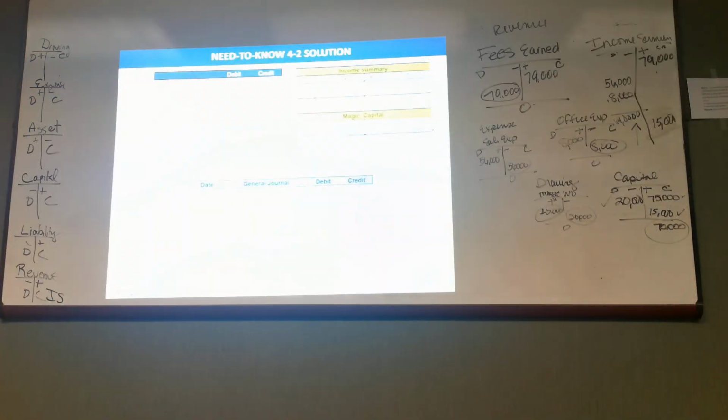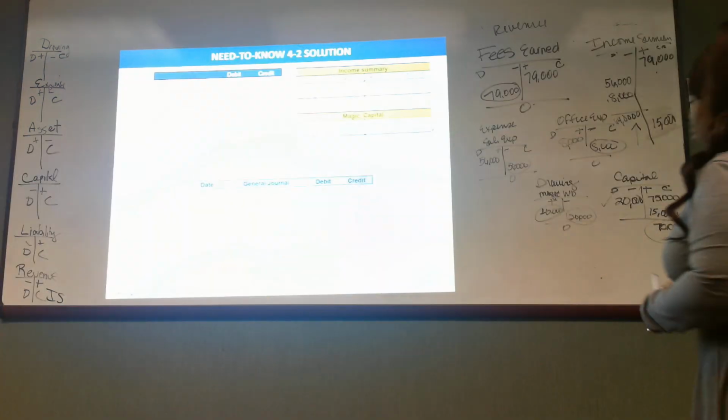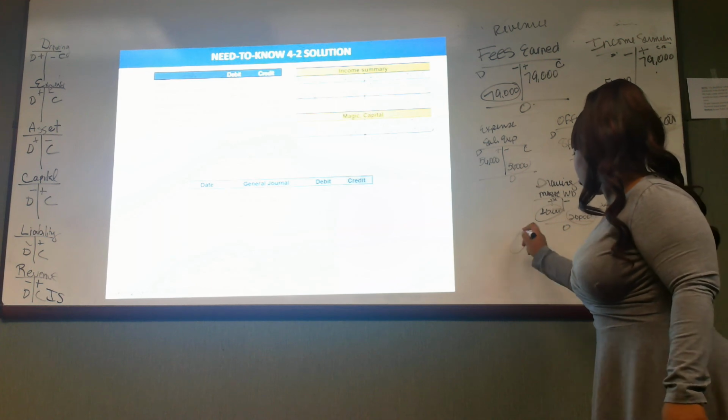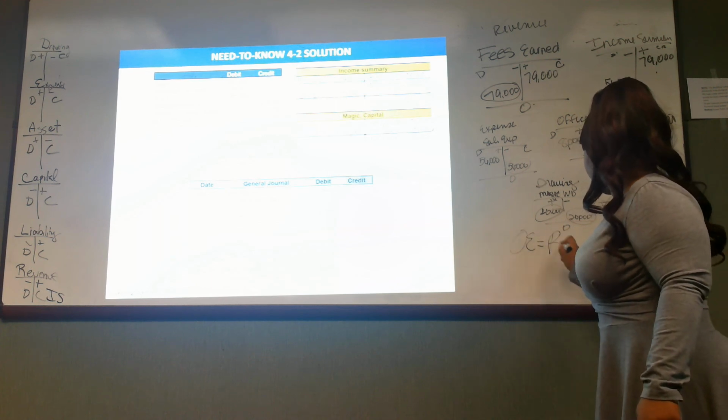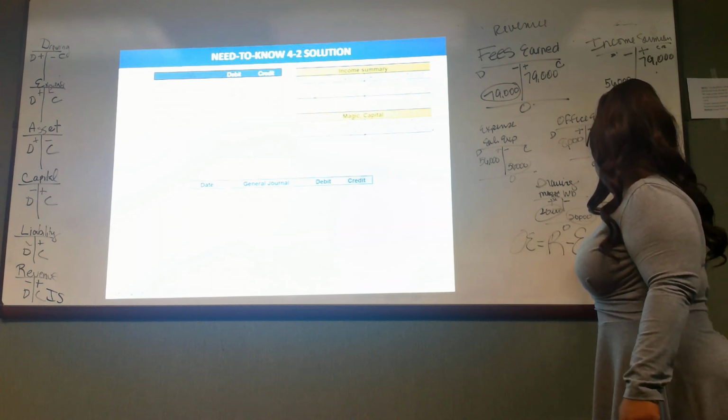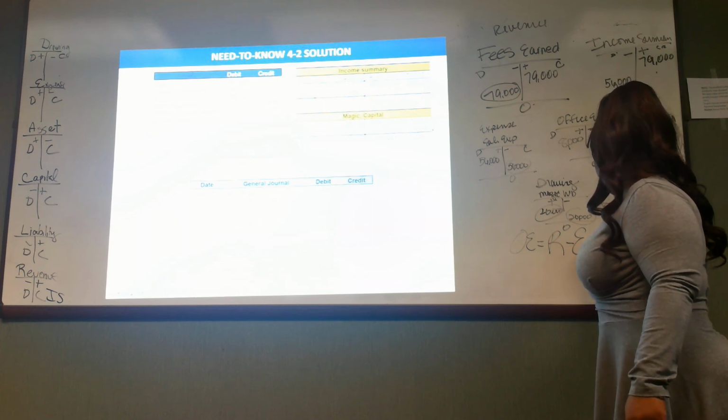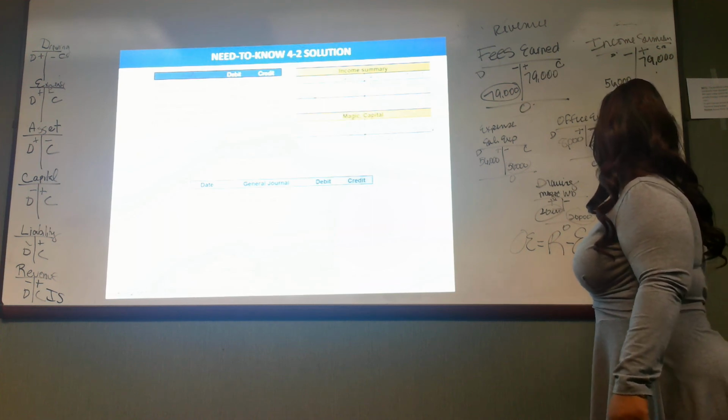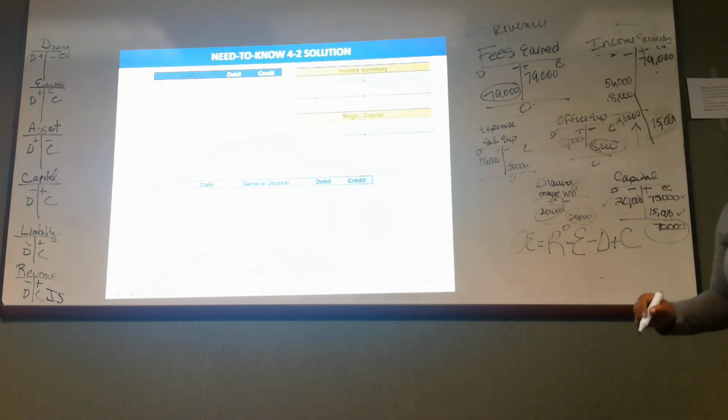Yes, the capital balance stays the same because of the formula: owner's equity equals revenue minus expenses, minus drawing, plus capital. So the formula in total stays the same. That's why it's still $70,000 capital. You still have to reduce it by the $20,000 drawing that we took out. Make sense?